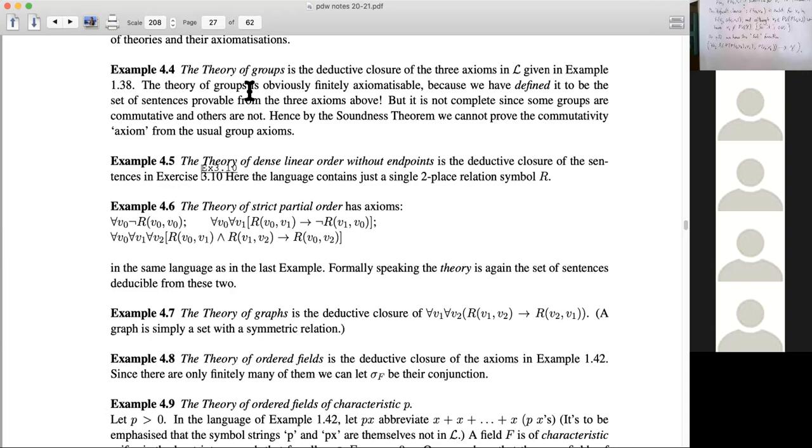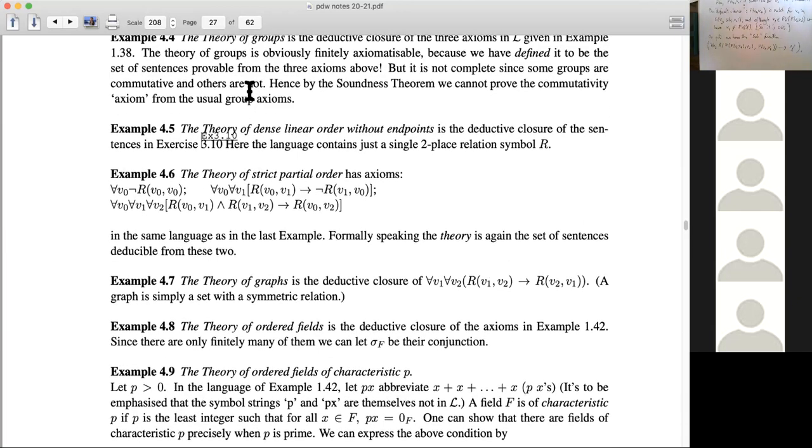If we could prove the commutativity statement from the axioms, this would contradict the soundness theorem, which says that anything you can prove from axioms holds in any structure in which the axioms hold. So we can't prove the commutativity statement from the group axioms. So the group axioms are incomplete.